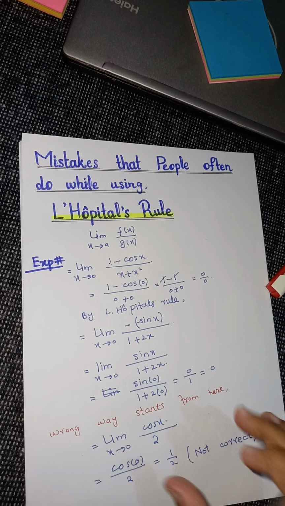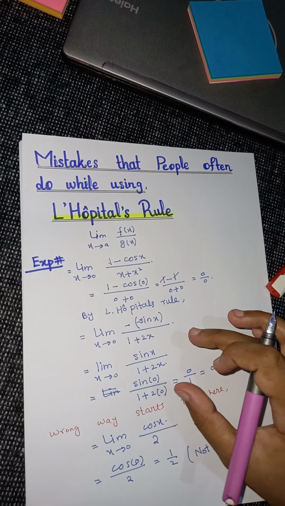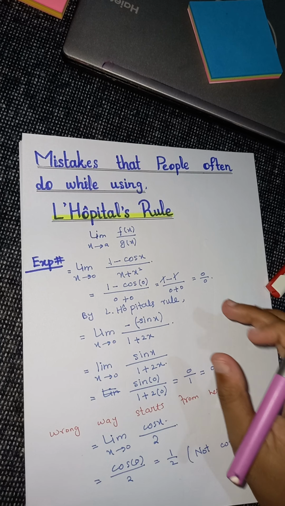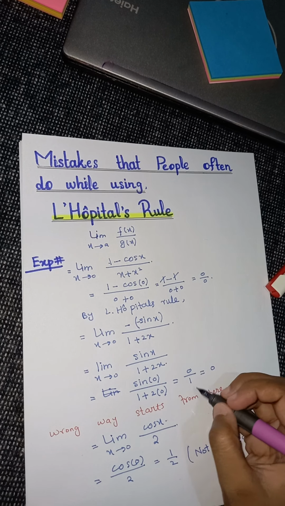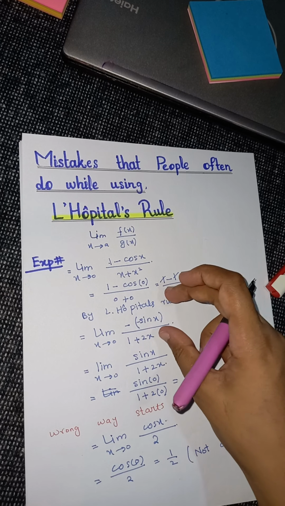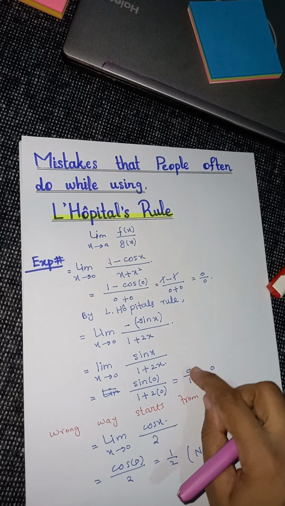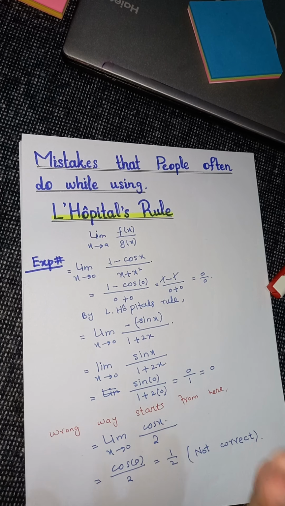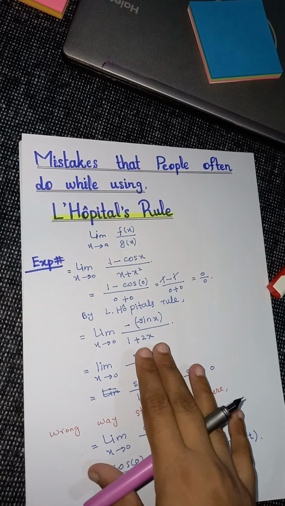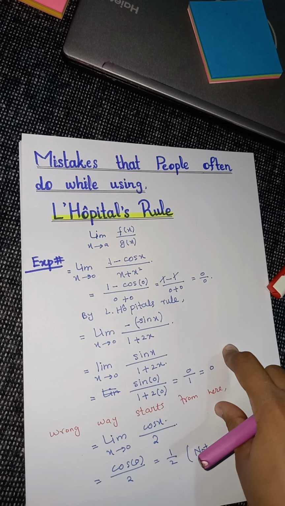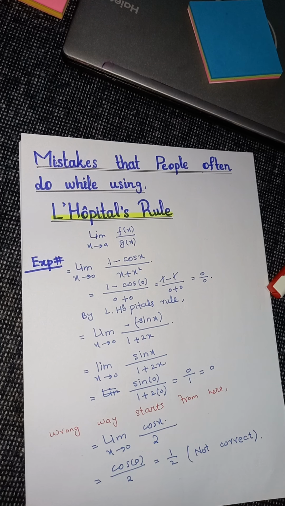because L'Hopital's rule is only applicable when we have an indeterminate form like the 0 by 0 form. This is not a 0 by 0 form. That means if after the application of L'Hopital's rule our numerator or denominator gives a finite answer, then we have to stop there, and our question is solved, and there is no need to apply L'Hopital's rule again.